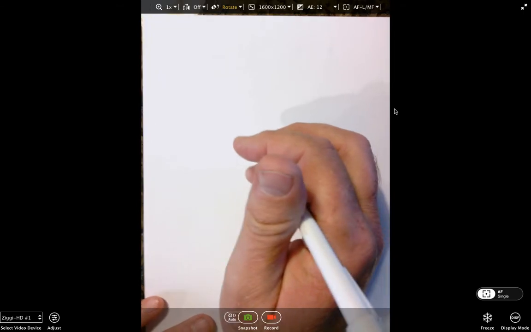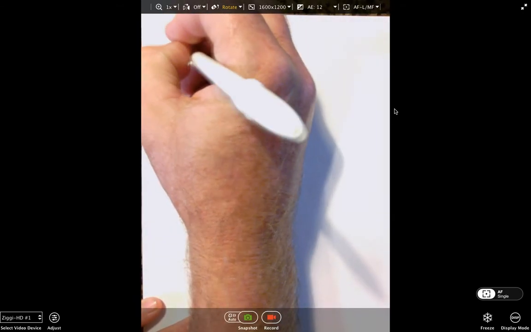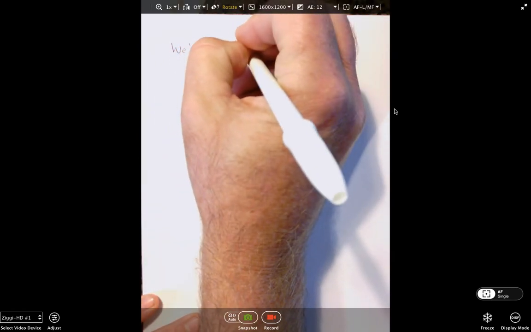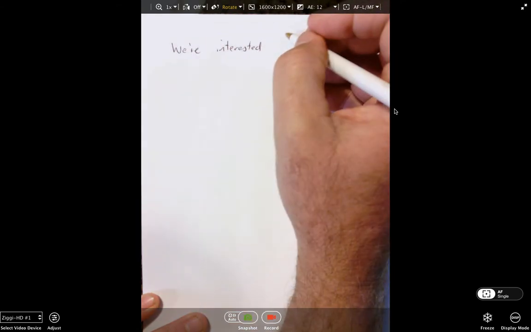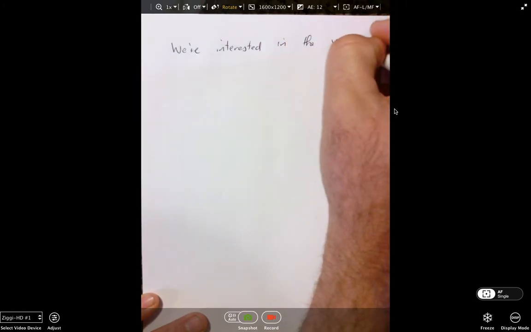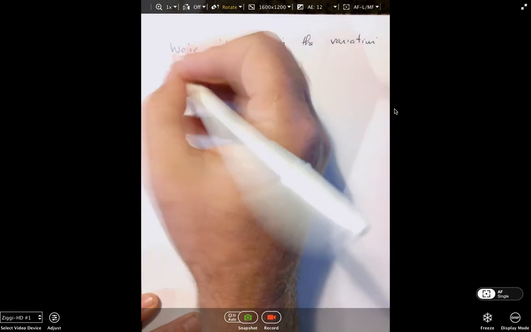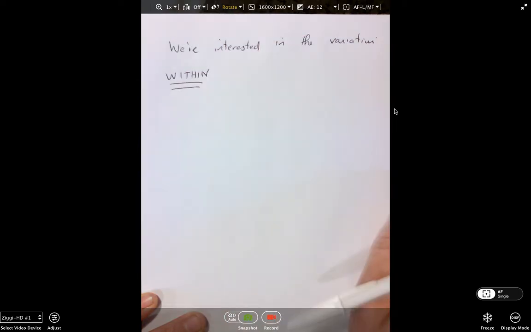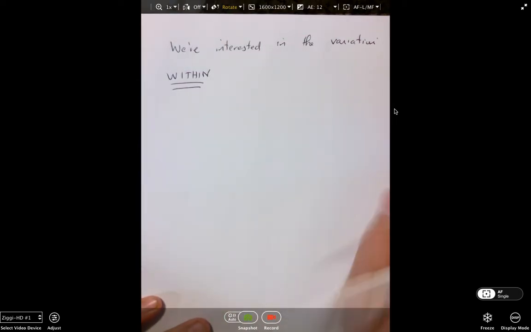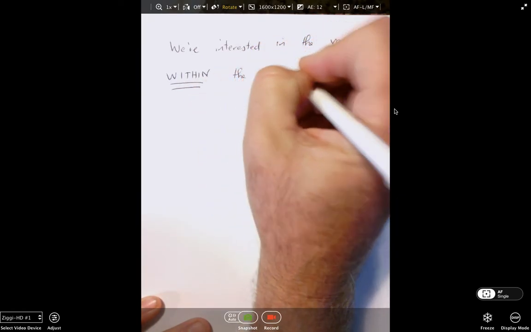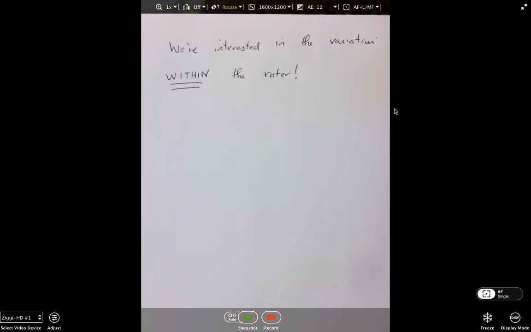So again, what we're interested in, let me get my paper here. I get sidetracked with all this other stuff. We're interested in the variation not within the group, but within the rater.